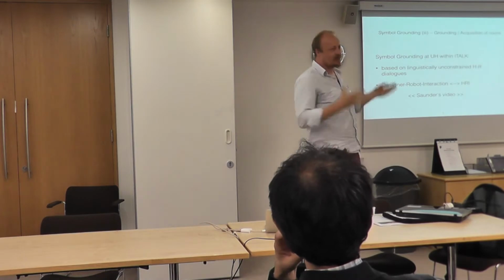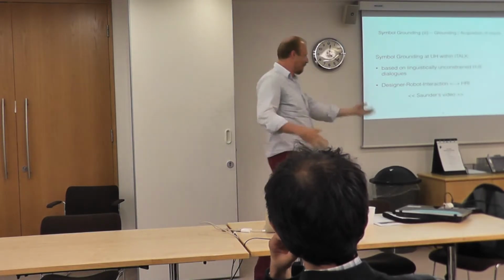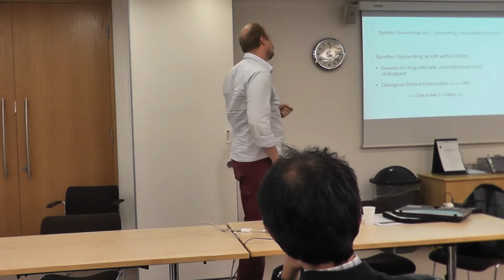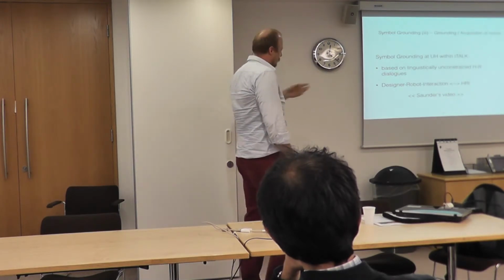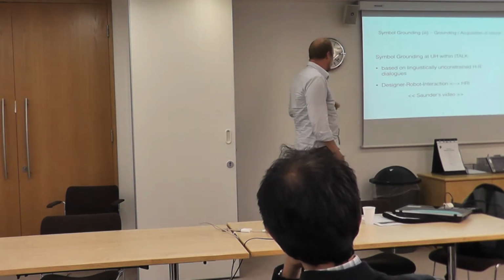That means you have somebody who knows exactly what the system can do and will act accordingly to make it work. The big challenge is to make the system work with somebody who doesn't know what is in there. That was the challenge we had then.